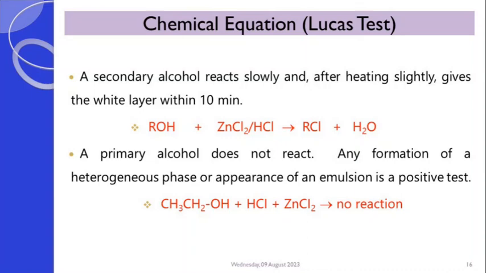In this chemical equation that involves the Lucas test, we have already said that tertiary alcohols would react rapidly. For secondary alcohol, the reaction is very slow. After you've heated it for 10 minutes, you should see a white layer.